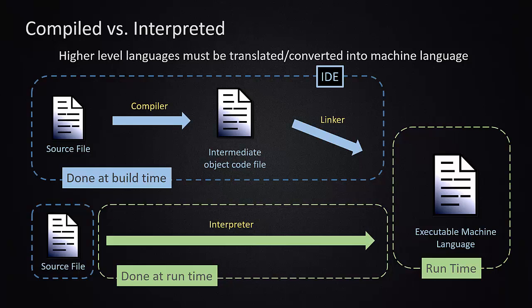The interpreter generally doesn't have the ability to look too far ahead and figure out what is actually happening in the code. It really has a myopic view of only one or a few lines of code at a time. And so generally, compiled code runs faster than interpreted code.